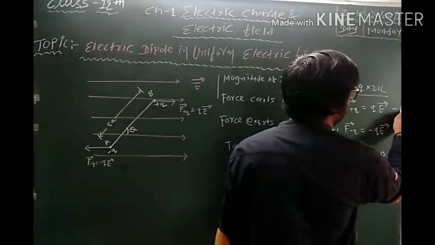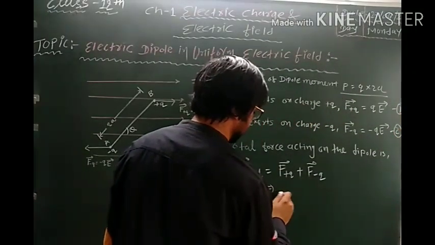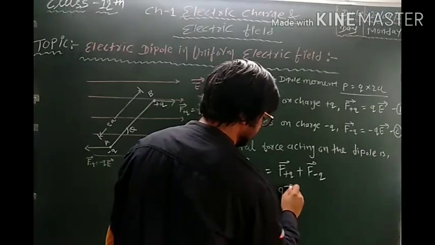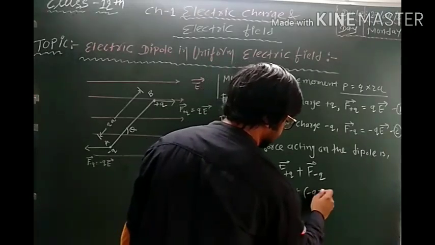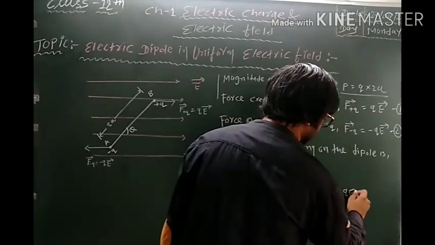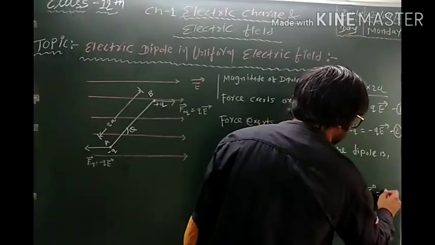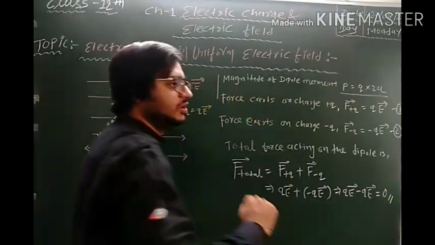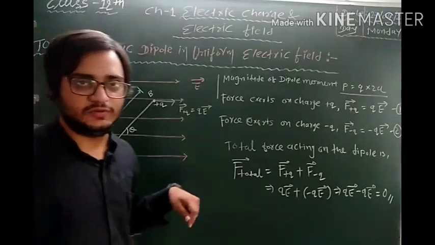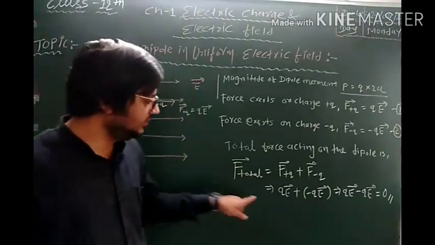From equation number 1 and equation number 2, we get QE minus QE is equal to 0. So the total resulting force acting on the dipole is 0.